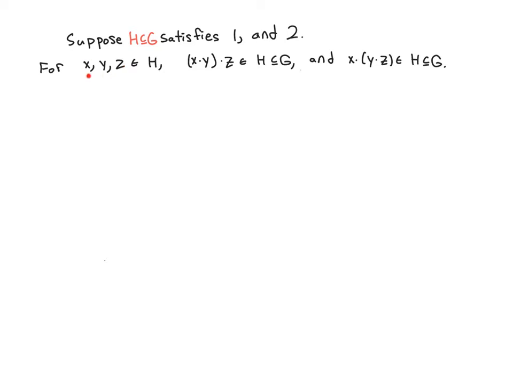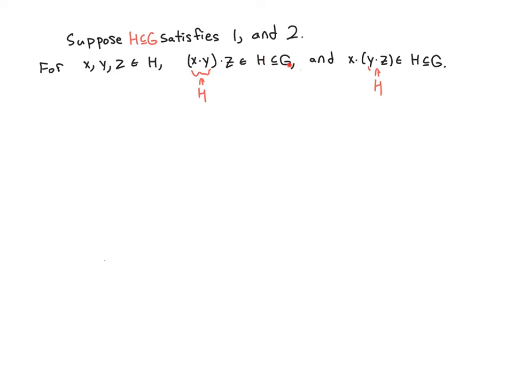Well, if you take three elements and you multiply them, one thing worth noting is by closure of multiplication, x times y is an element of H, and y times z is an element of H. And so multiplying these two elements of H gives you an element of H, and multiplying these two elements of H gives you an element of H. So we do get that these two triple products are both elements of H, which is important to note.